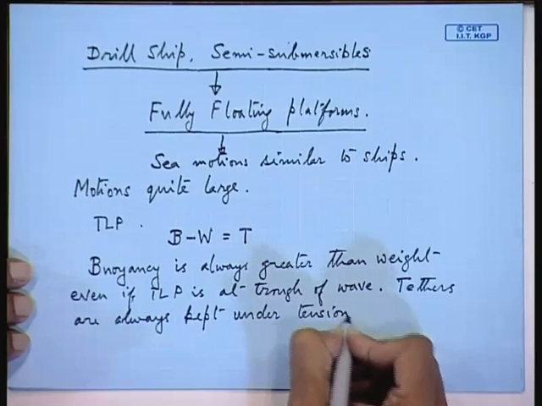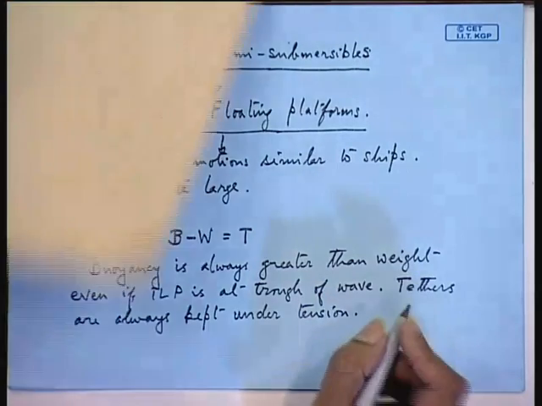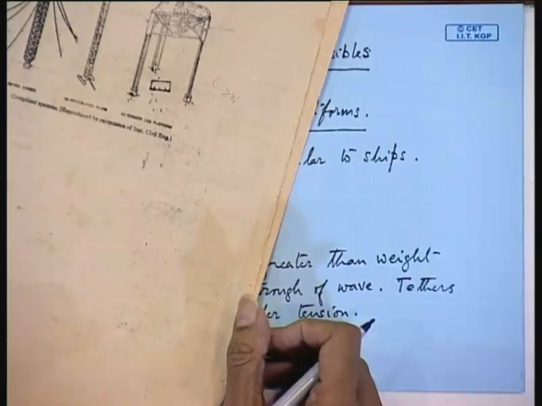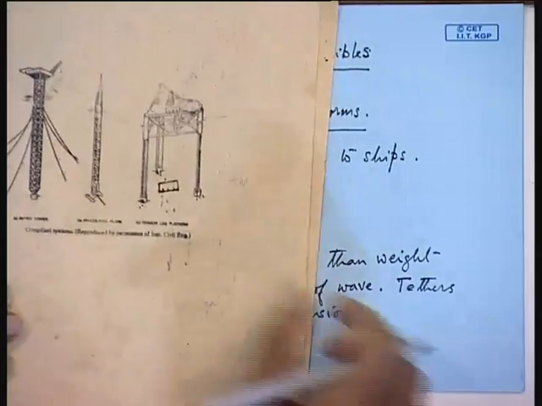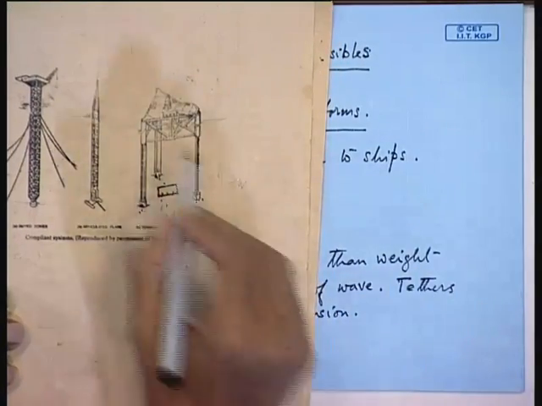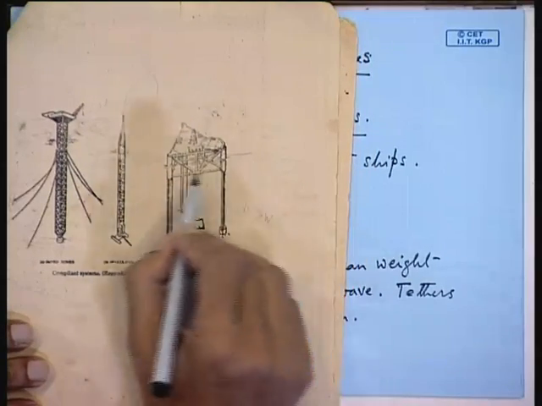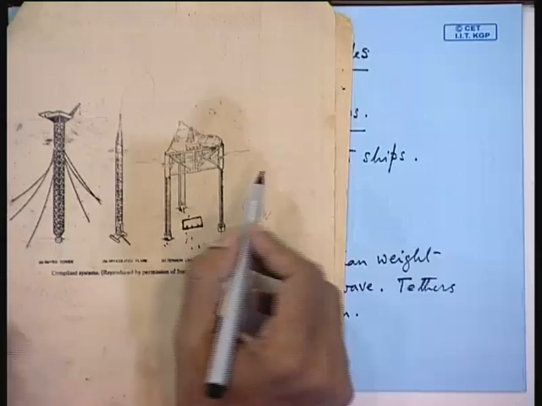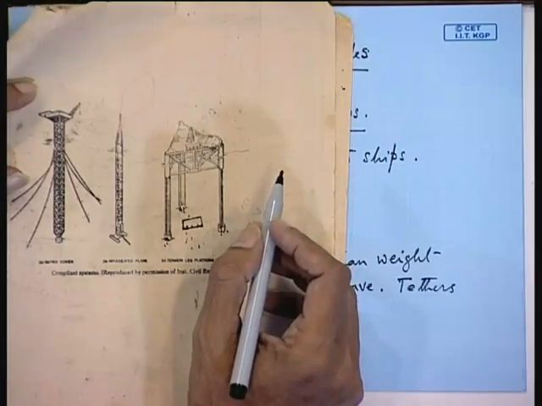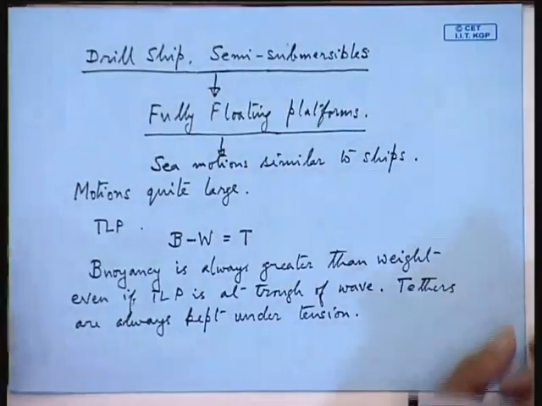Now, you tell me why you should go for a semi-submersible and not a TLP. The TLP does not have any heave motion. So, only motions that your TLP can have is your sway, side sway will have. But what is the decision between a TLP and a semi-submersible?